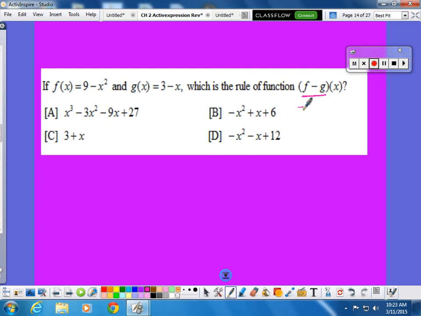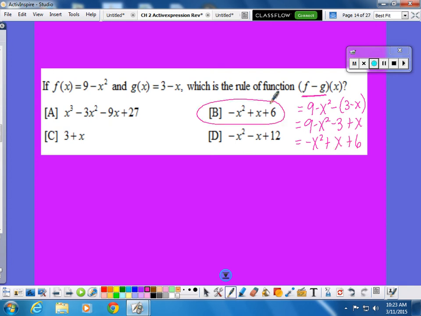F minus G. Change our signs over here, and then we'll have a negative x squared, a positive x, and then 9 minus 3 is 6. Questions?